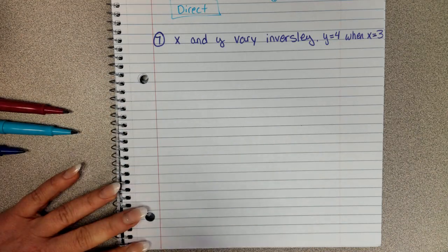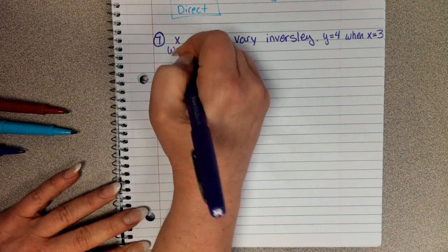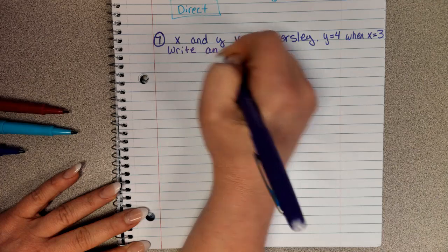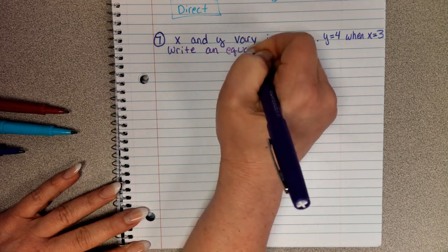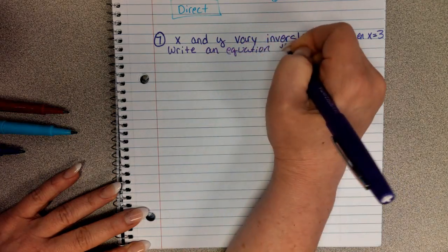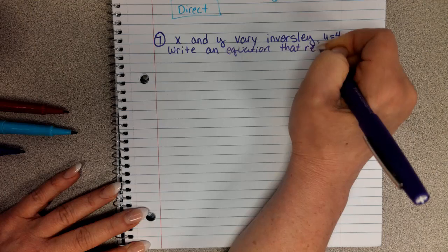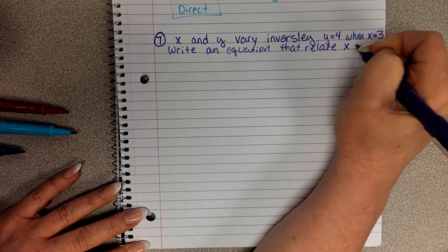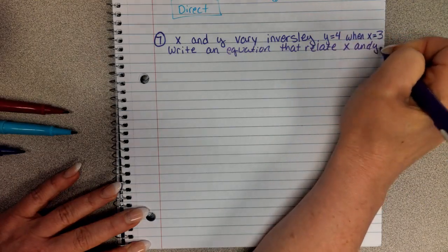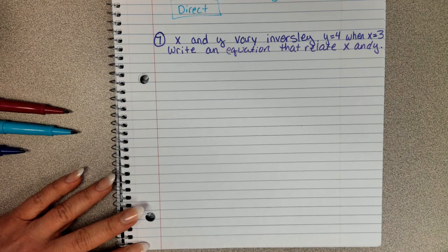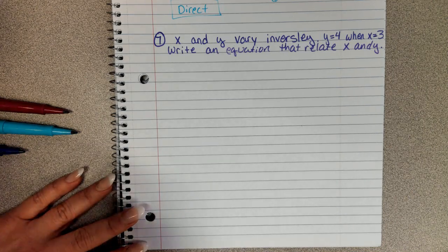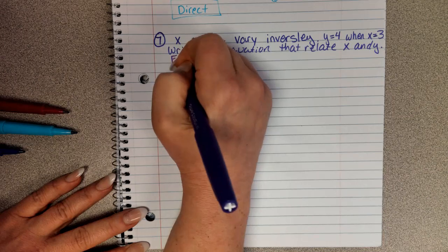It'll ask you to do two things usually. It asks you to write an equation that relates x and y. They usually ask you to write the equation that relates the two, so you'll have an equation with an x and a y. And then the second thing they'll ask you to do is to find a value.